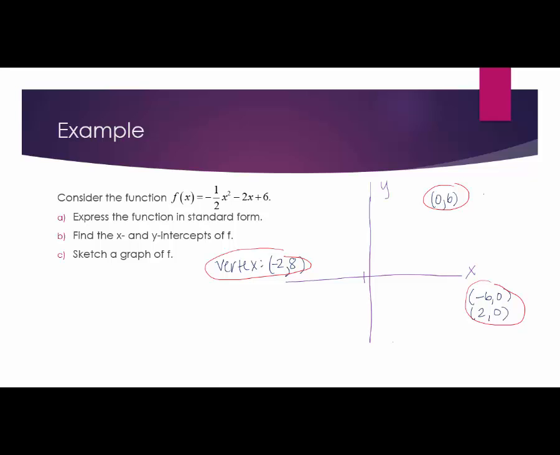My vertex is over here at -2, 8. At 0, 6, I've got a y-intercept. At -6, 0, a horizontal intercept, and at 2, 0, I've got my other horizontal intercept. This should create a parabola that opens down, and that totally makes sense with a negative coefficient here.